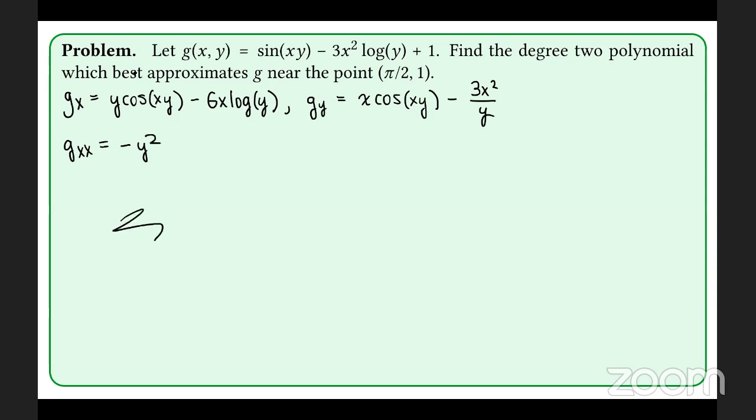Oh, my pen's wigging out. What the heck? Sorry, my pen just wigged out. Let me go back. Where am I? Oh yeah, negative y squared. My pen is doing something weird. Oh, that's weird. Okay, I guess I'm going to write bigger. Oh, that's disgusting.